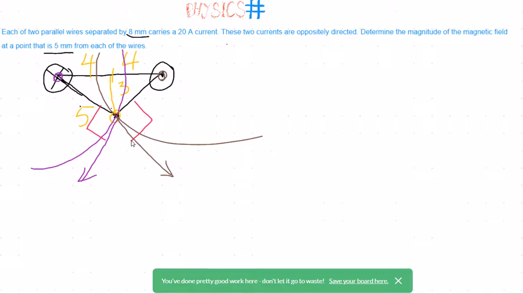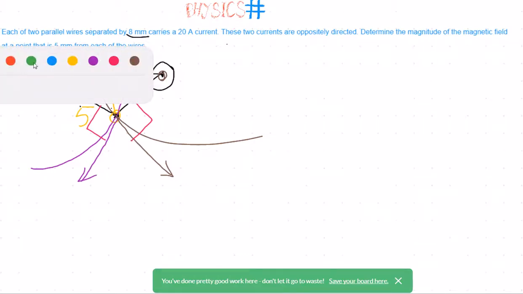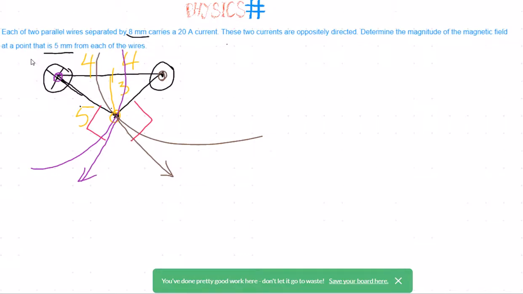From that information, what we can do is measure the angle between these two lines. This angle, we can measure that, and on the other side we have the same angle. So the measures of these two green angles are the same. Now, what is the measure of that angle? It comes from the cosine of that angle, or you could just use sine, it doesn't matter.